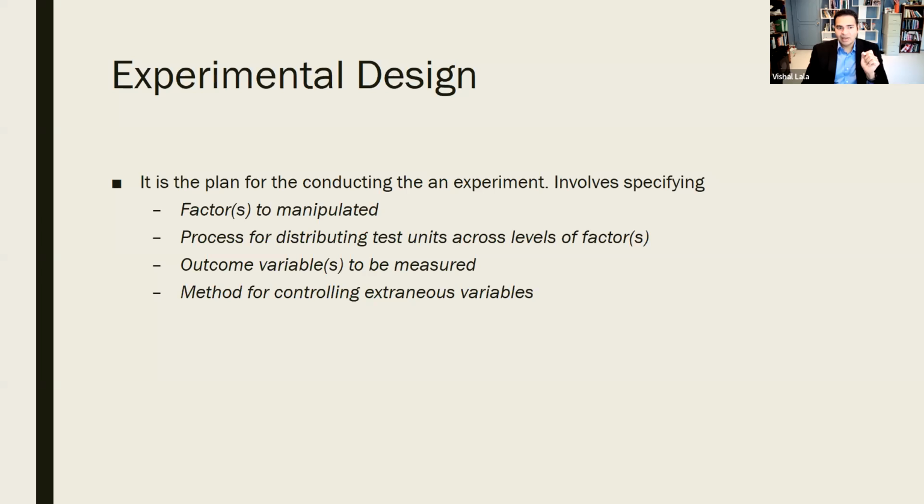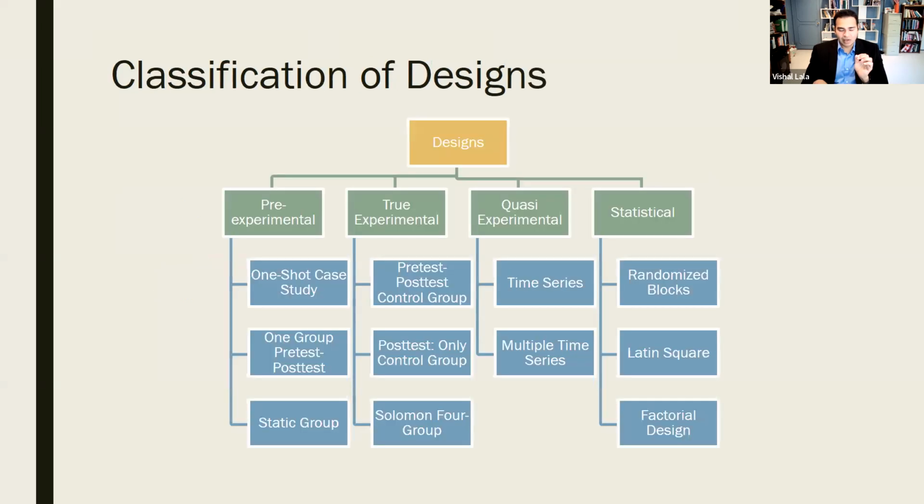So bear in mind, an experiment involves 4 things: a factor to be manipulated, a process for distributing test units across levels of factors called random assignment, an outcome variable to be measured, and a method for controlling extraneous variables. That's basically what an experiment involves.